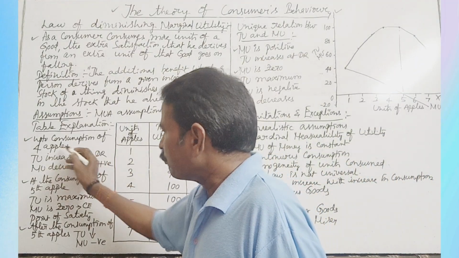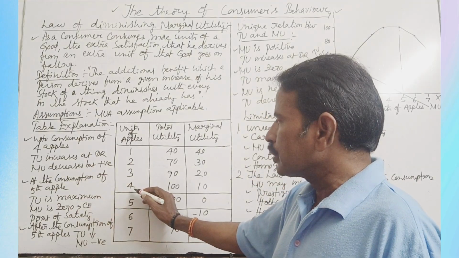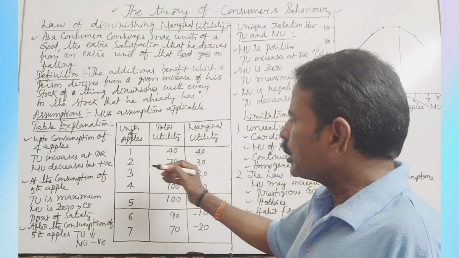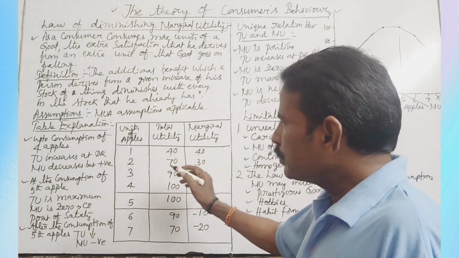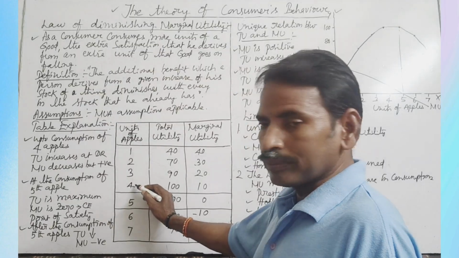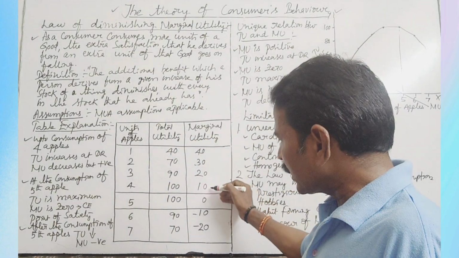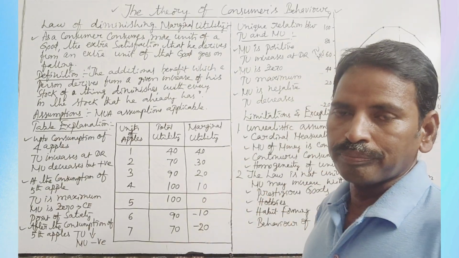Up to consumption of 4 apples, total utility increases at a diminishing rate, and marginal utility decreases but remains positive.